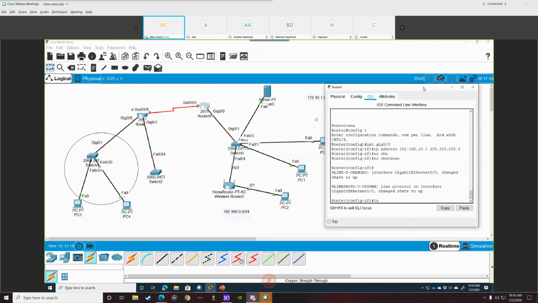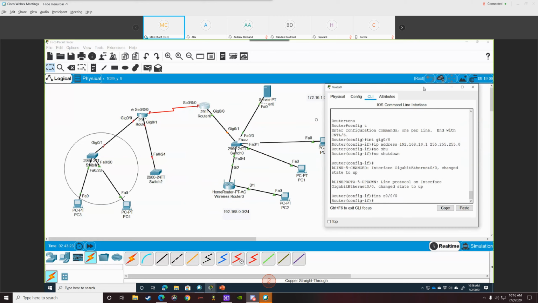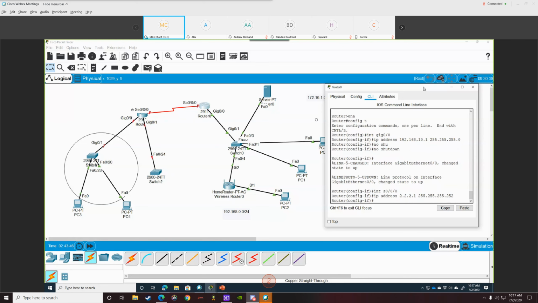And I'm going to go to interface S0/0/0 and put an IP address, 2.2.2.1, with mask 255.255.255.252, and no shutdown.